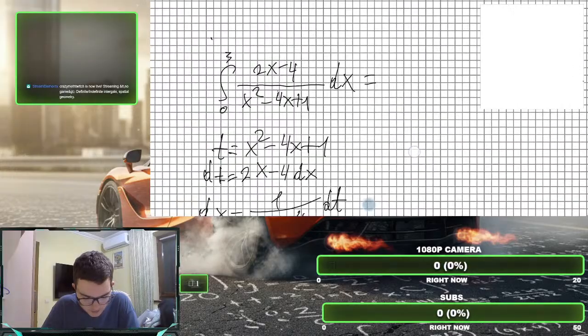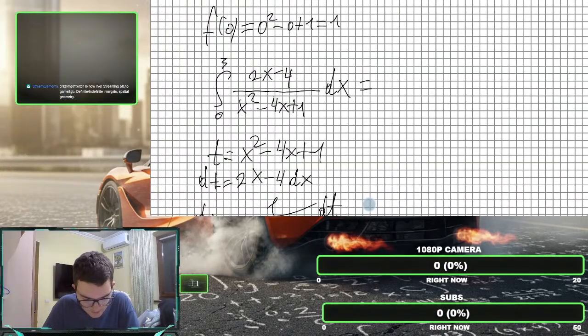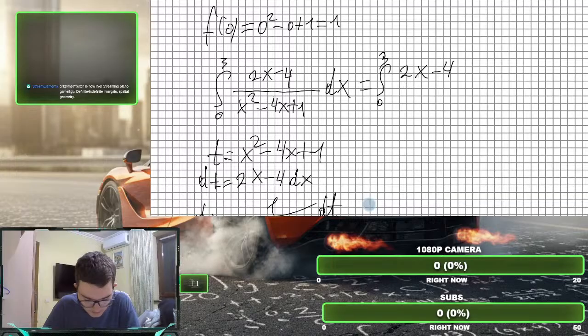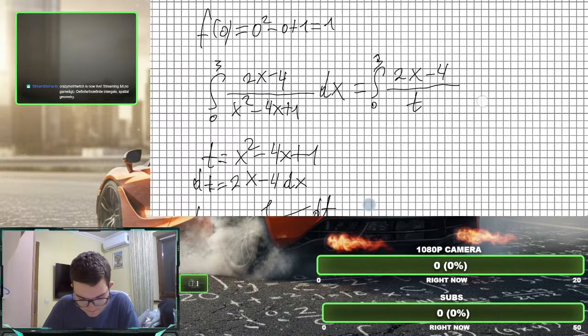So this is what I'm gonna do. Essentially you have this integral from 0 till 3, right? And 2x minus 4, and we just said that the whole expression below it is t, so divided by t.